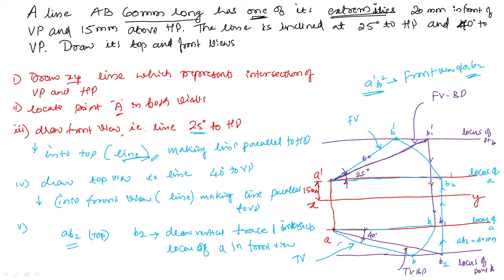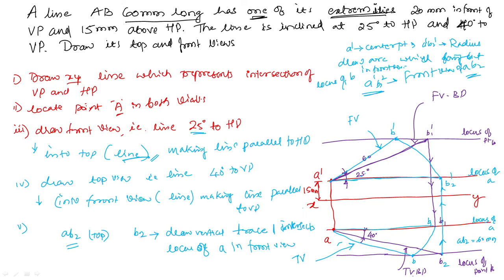Yes sir. Now you got B2 dash here. Now taking A dash as the center point and A dash B2 dash as the radius, draw an arc which is going to intersect the locus of B in front view.